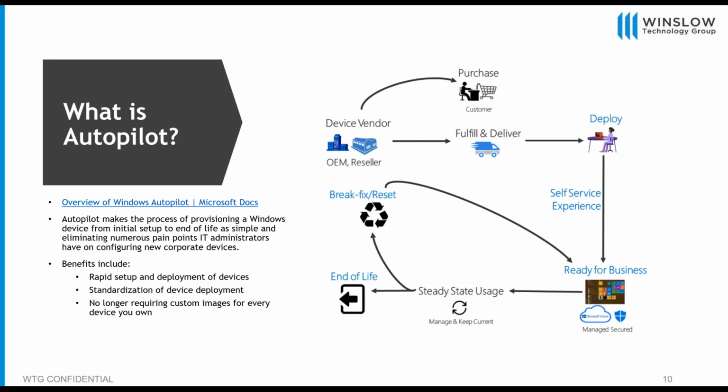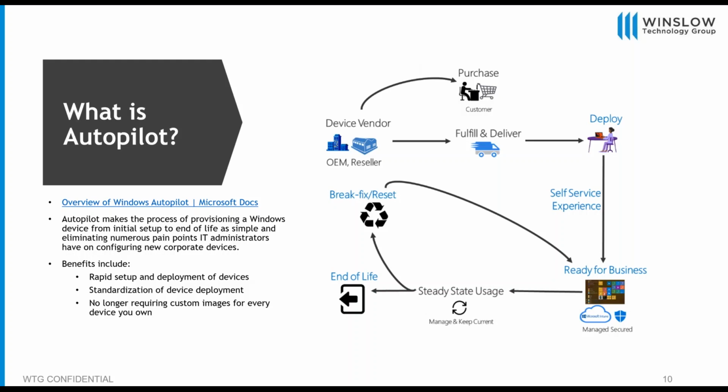A great part of Autopilot is that it could be automated for you, really taking out a lot of those pieces that you're normally used to setting up where you're constantly maintaining that golden image. That could really become a thing of the past for you, where you can automatically, even from the device vendor, whether it could be Dell, Lenovo, HP, whoever it might be, you can get that information automatically uploaded into your Intune profile prior to even receiving the devices.